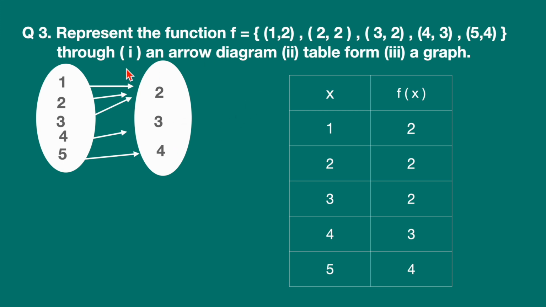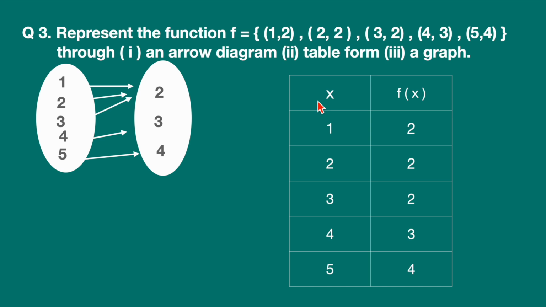The image of 1 is 2. So draw this arrow. Image of 2 also is 2. This is another arrow. Image of 3 is 2. The third arrow. Image of 4 is 3. Image of 5 is 4. So this is a many-one function. Now write down in table form x and f(x).